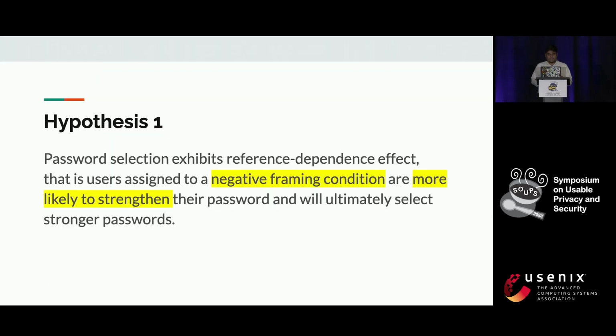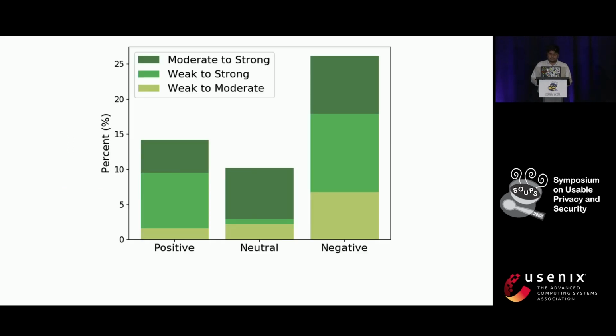For our first hypothesis, we were thinking that users assigned the negative framing condition would be more likely to strengthen their passwords compared to participants who were given the neutral framing or the positive framing. Here were our results. This is a breakdown of the people who improved their password from those that went back.